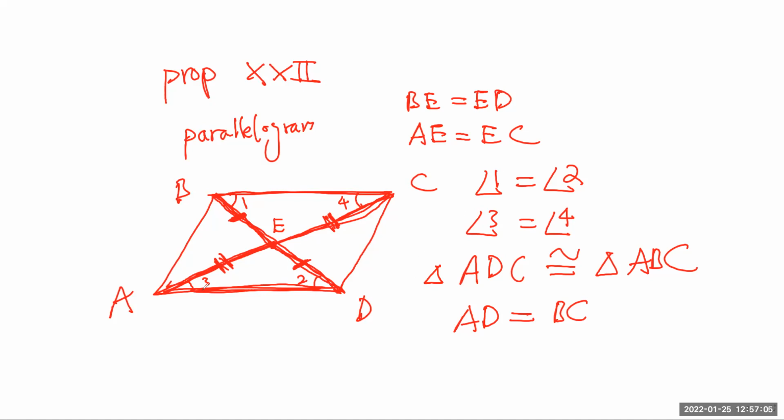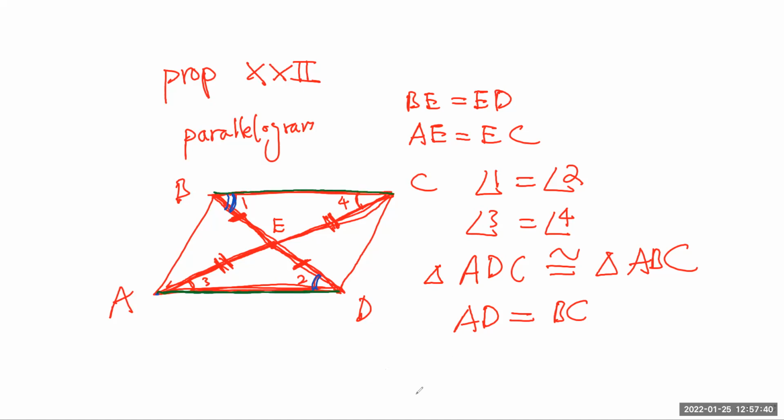So now we have this angle corresponding to that angle congruent, and this angle congruent to this angle. We just use this to see the congruency. And we now also know this side is congruent to this side.